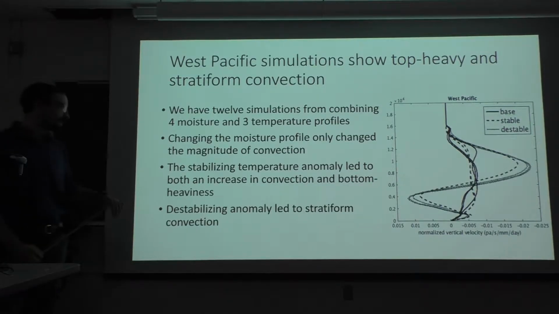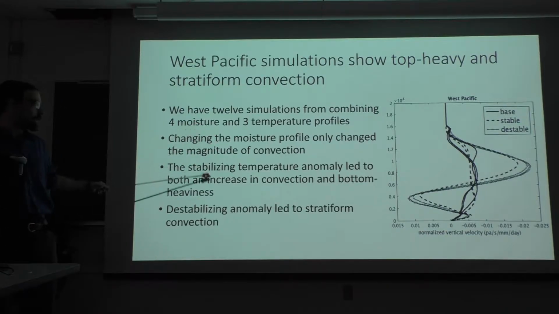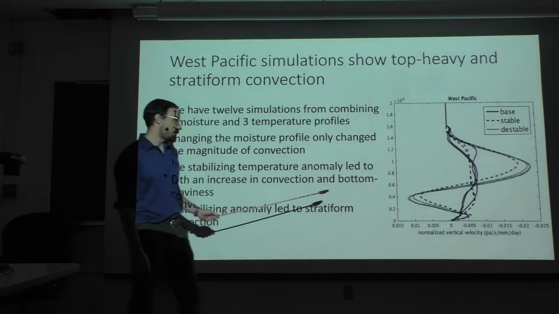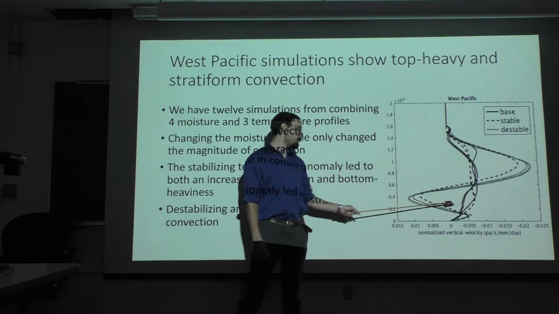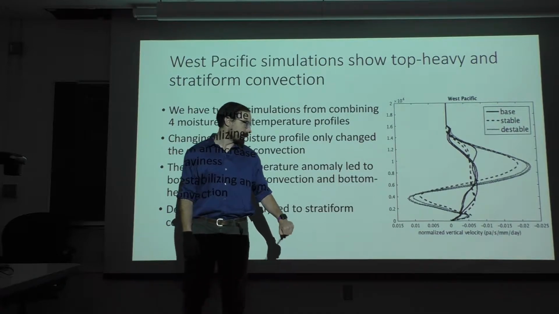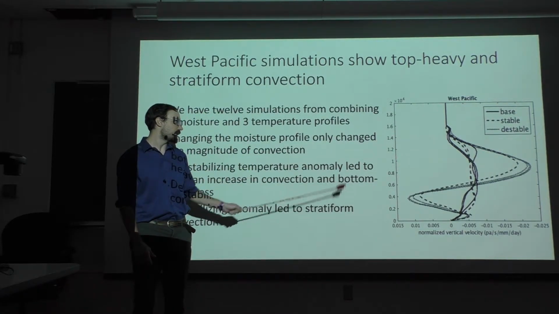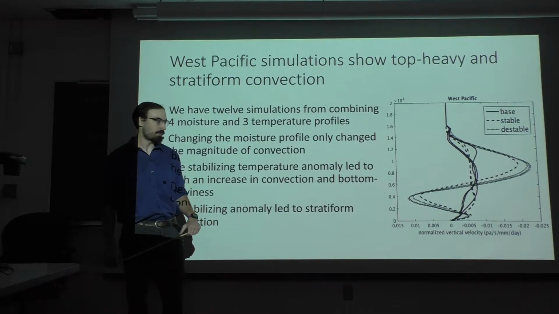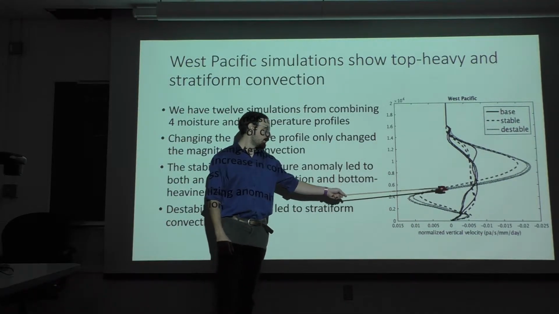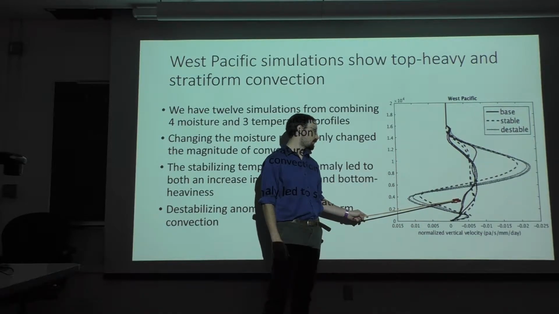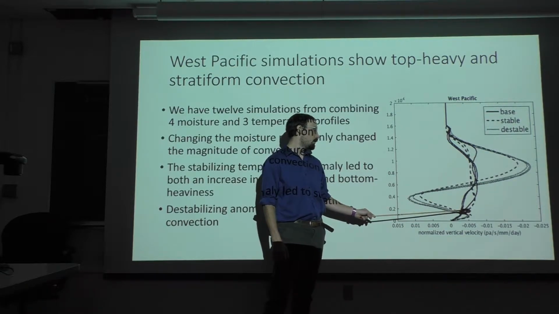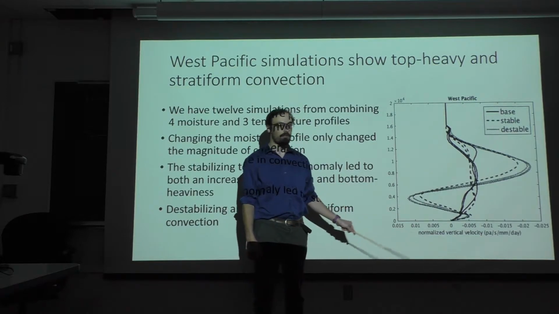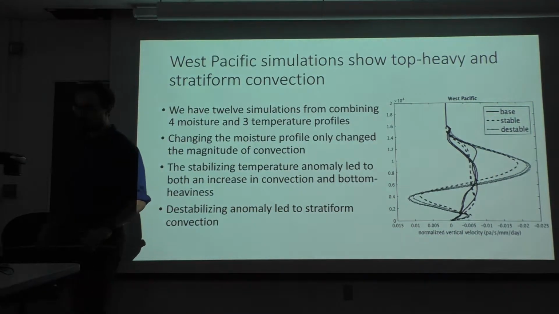Moving on specifically to the West Pacific, like I was saying, changing the moisture profile doesn't change the geometry of the profiles. Outside of these two specifically, they all tend to clump on the same line when normalized by the precipitation, despite these stable cases having around 20 millimeters per day, whereas these dashed stable lines have around 200 millimeters per day, so an order of magnitude different.